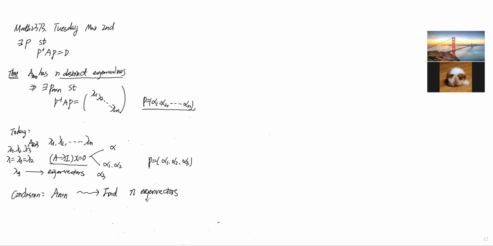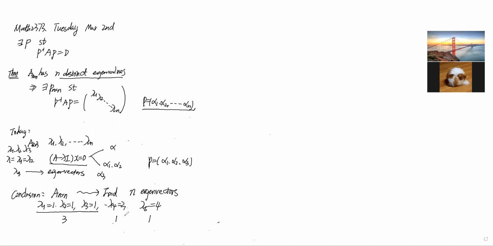But when you are doing your problem, for example, lambda 1 could be 1, lambda 2 is 1, lambda 3 is 1, and lambda 4 is 2, lambda 5 is 4, like this. You can say for the eigenvalue 1, the multiplicity is 3. For the eigenvalues 2 and 4, the multiplicity is 1.